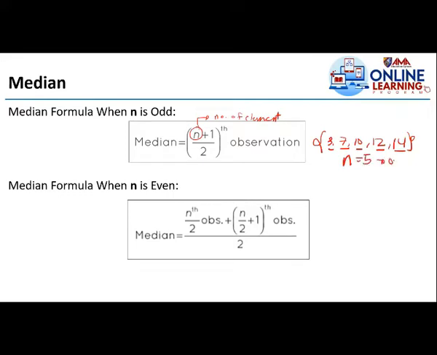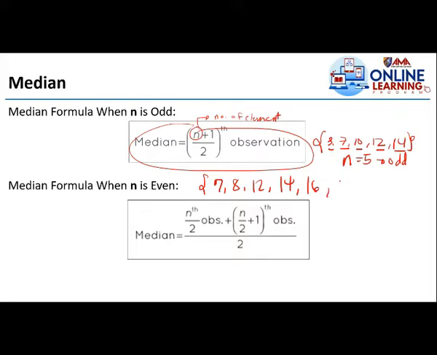And as you can see, it's an odd number. Therefore, ang gagamitin natin na formula is this. Now, what if ang given is ito? 7, 8, 12, 14, 16, 18.